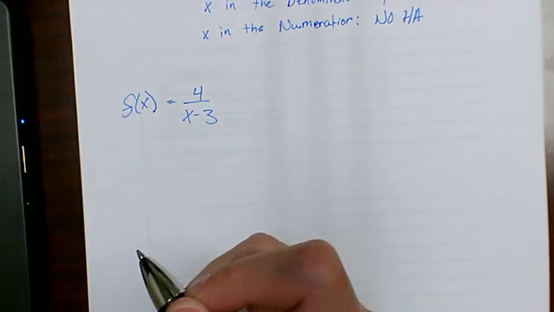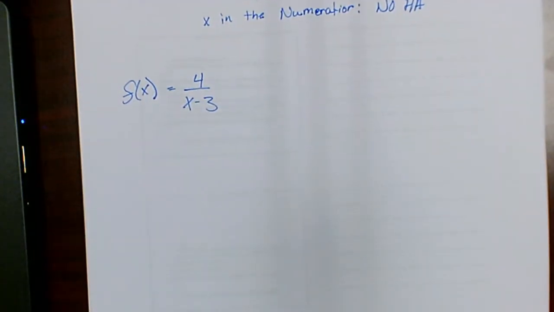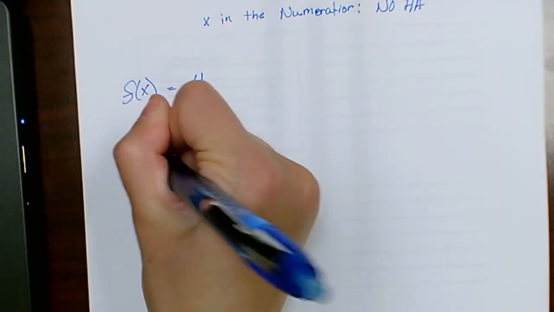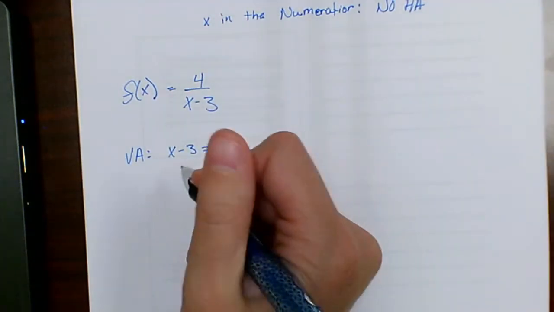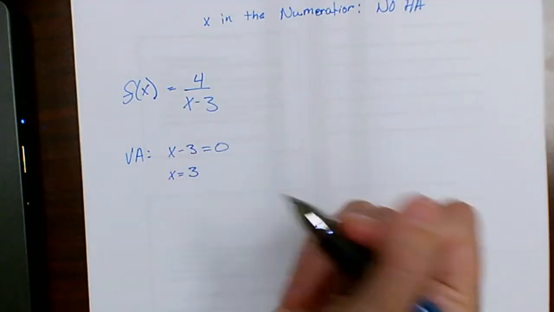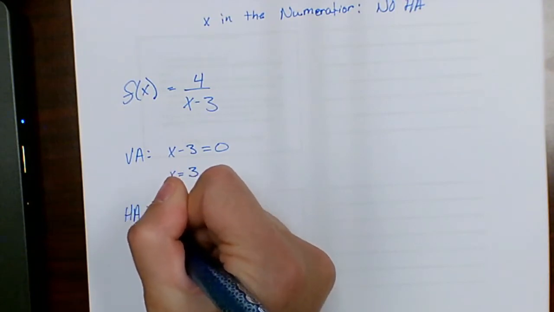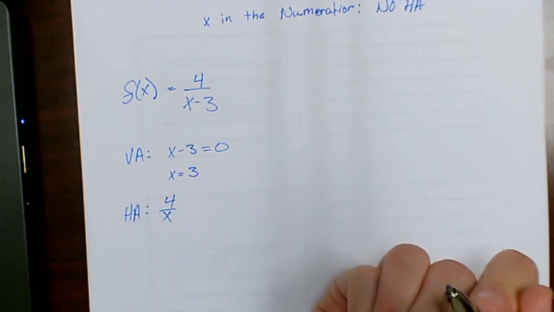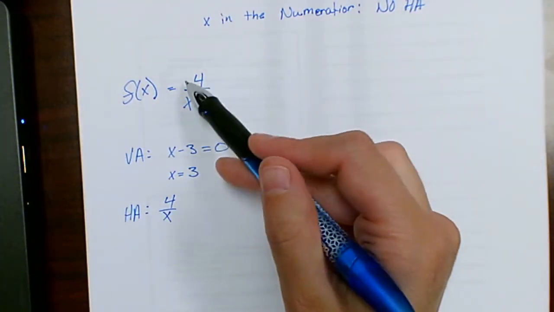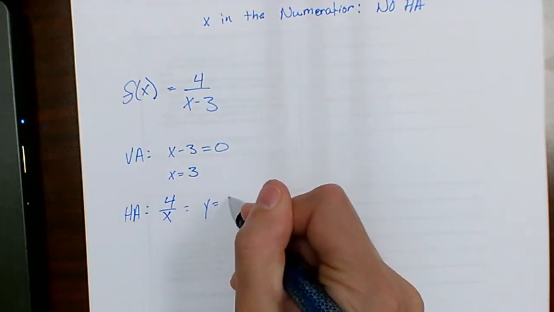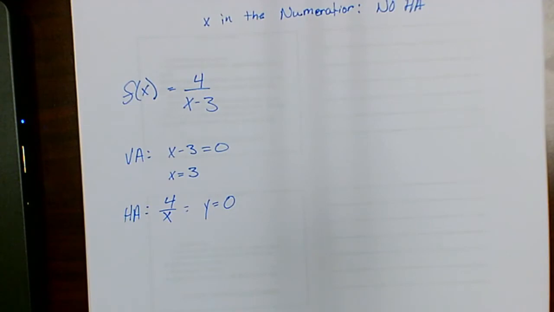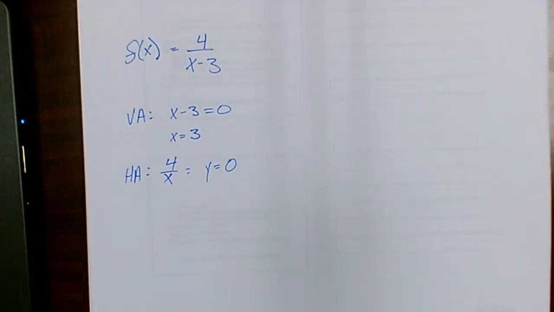But let's go ahead and pretend we don't know how to use translations. So your vertical asymptote, you're going to set the denominator equal to 0. So x equals 3. Horizontal asymptote, you get 4 over x, just your leading terms. 4 is leading, x is leading. Since x is in the denominator, y equals 0 will be your horizontal asymptote line.